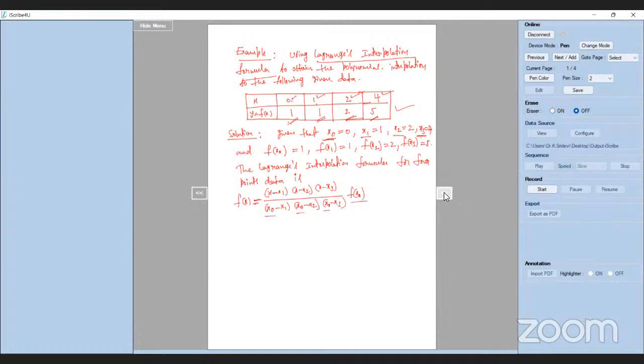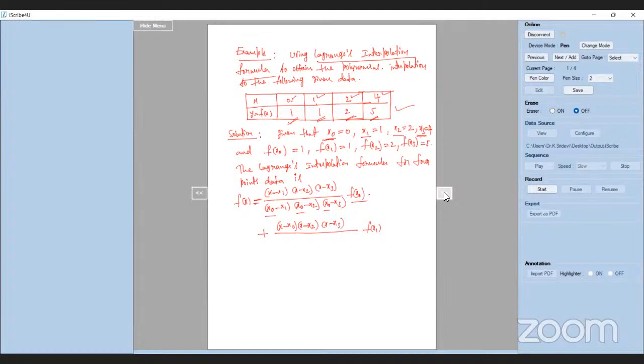Remember this. Okay. So now the second term is related to x1 and f of x1. So x1 should not appear in the numerator. The remaining values should appear. Will x minus x0, x minus x1 come or not, ma'am?